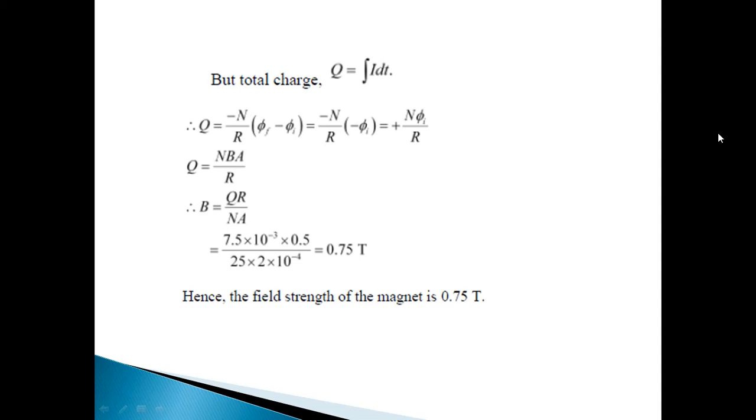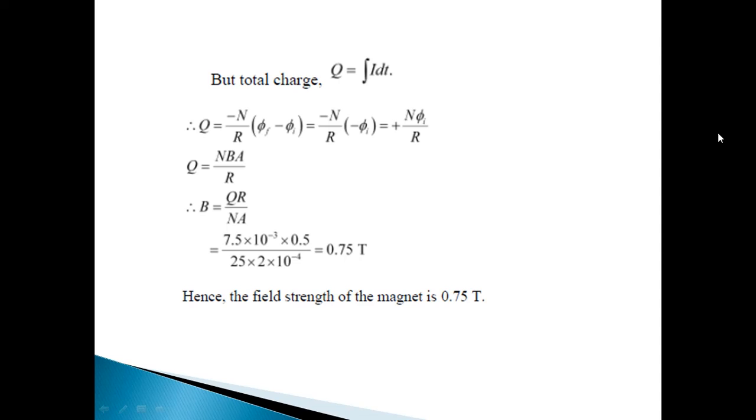But the left side integral I dt is the summing up of all the charges Q. So we can write it as Q. So we can change our equation to Q equal to minus N by R, and after integrating d phi we get in brackets phi F, the final, minus phi I. So final flux minus initial flux, which is change in flux.